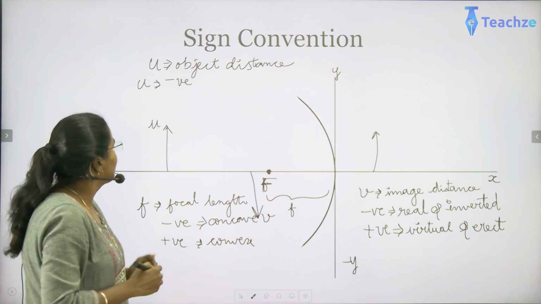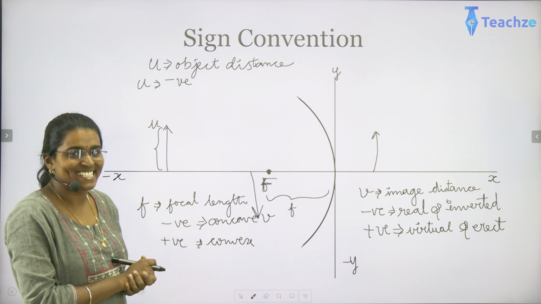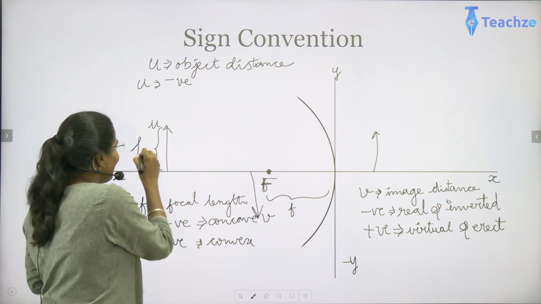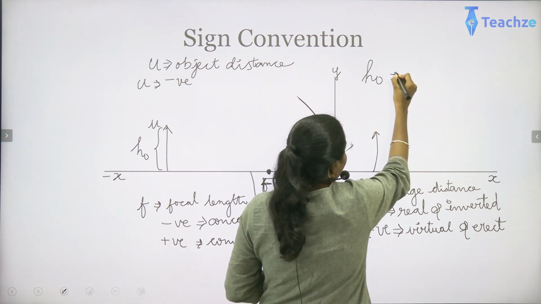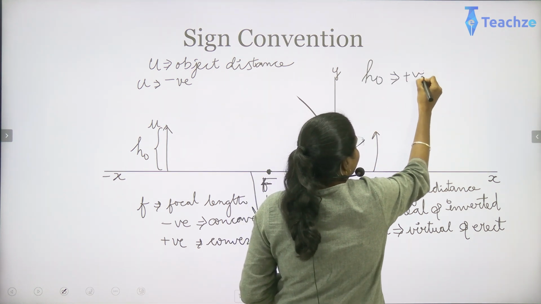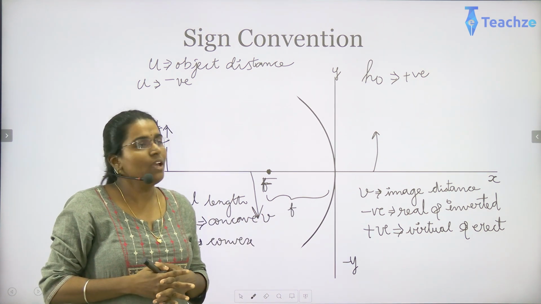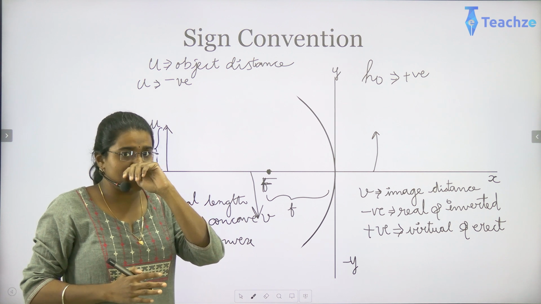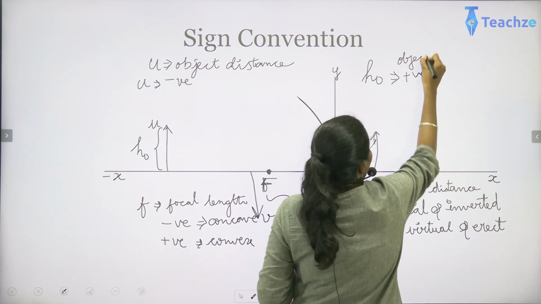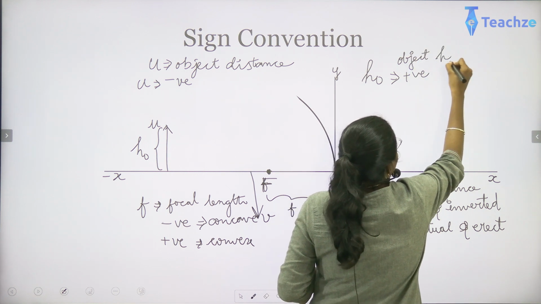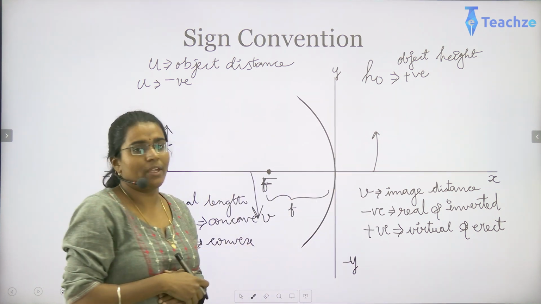Okay. Now, what is this? Yes, height of the object. So, height of the object is always positive, no matter which mirror you are using. Okay, height of the object will always be positive. So, I can also write it as object height, right? Okay.